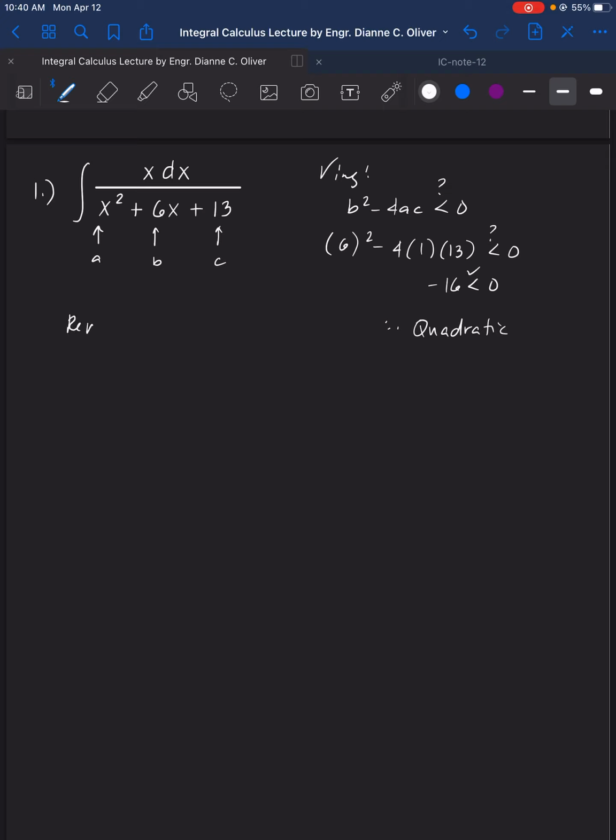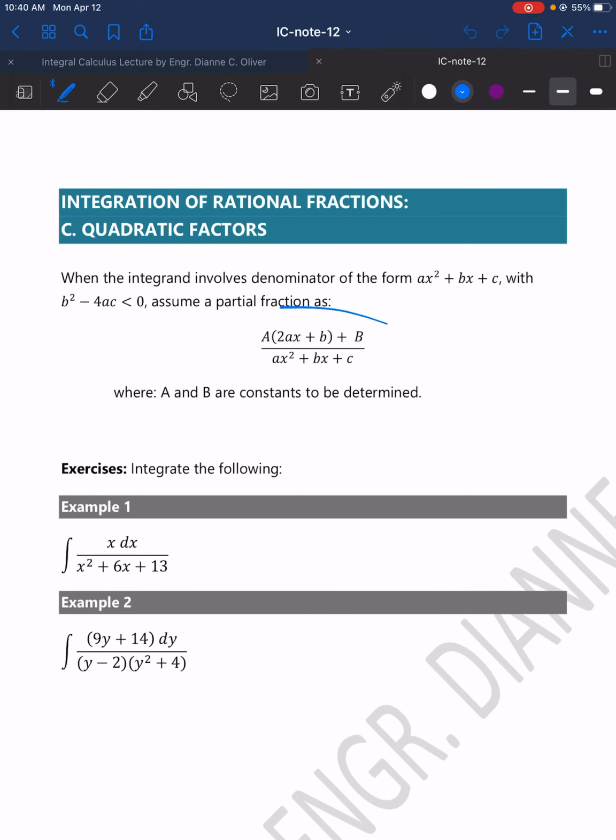We write here x over x squared plus 6x plus 13. For the partial fraction here, we will use the form given here, which is A times 2ax plus b over x squared plus 6x plus 13.